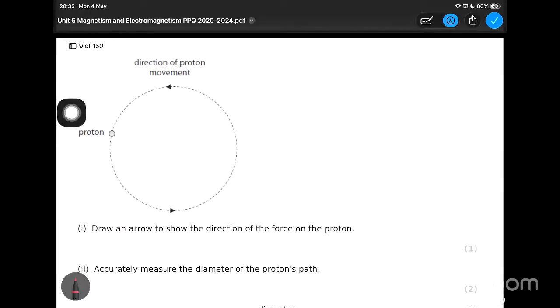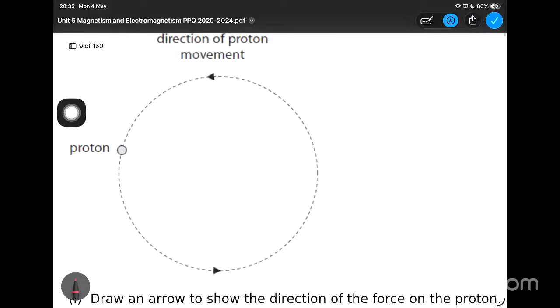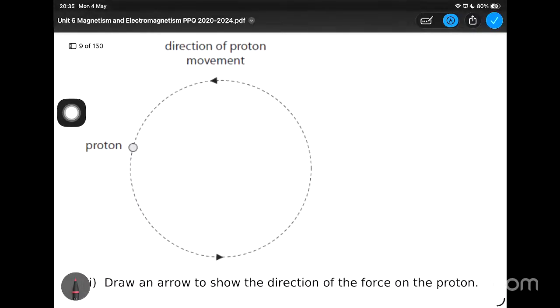So you might have heard, in order to keep this proton in this type of circular path, there will be a force acting towards the center, right? And also another force acting away from the center. So these two forces are equal to each other, right? One is known as the centrifugal force and the other one is the centripetal force.